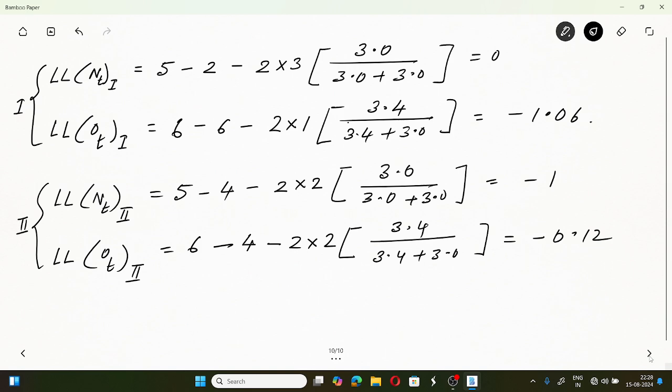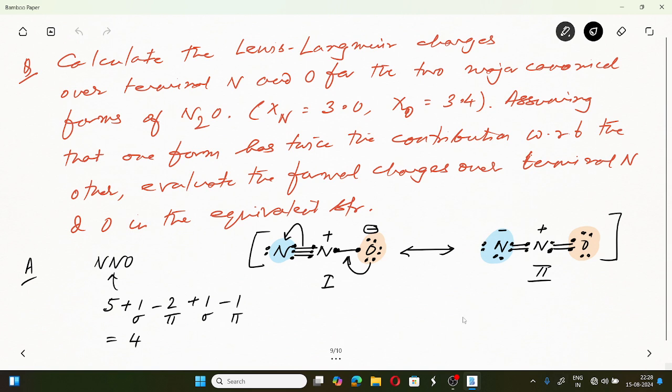Now, as mentioned, one structure will have double the contribution of the other. Right? So which of these two structures do you think will have higher contribution?